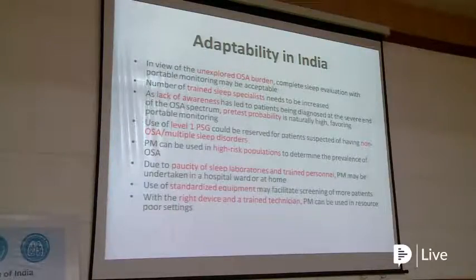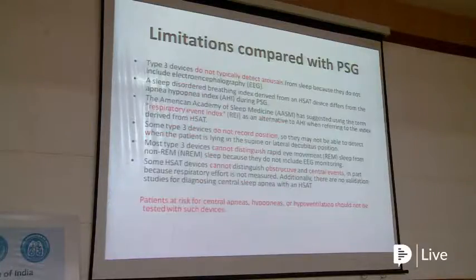Level 1 PSG could be reserved for patients suspected of having non-OSA or multiple sleep disorders. Portable monitoring can be used in high-risk populations to determine the prevalence of OSA. Due to the paucity of sleep laboratories and trained personnel, PM can be undertaken in the hospital ward and at home also. Use of standardized equipment may facilitate the screening of more patients, and with the right device and right technician, PM can be used in resource-poor settings.